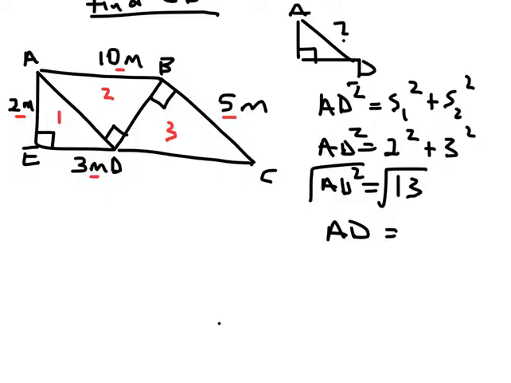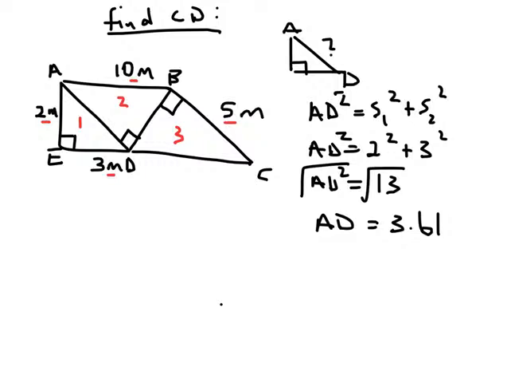Let's write it as a decimal. Just for now, you will say 3,61 if we round it off to 2 decimal places. If you leave it like this, it's wrong. Why? Because the 10, the 2 and the 3 were given in meters. So even your final answer should be in meters.